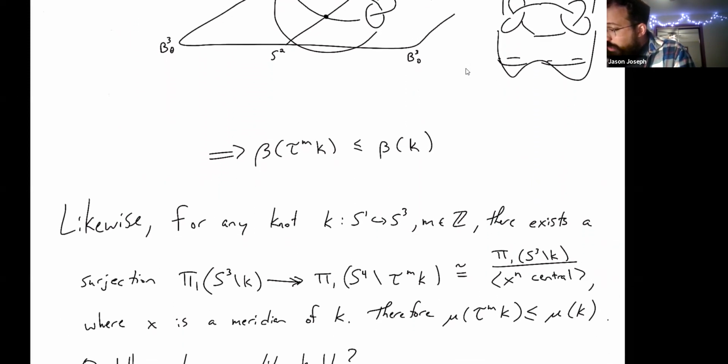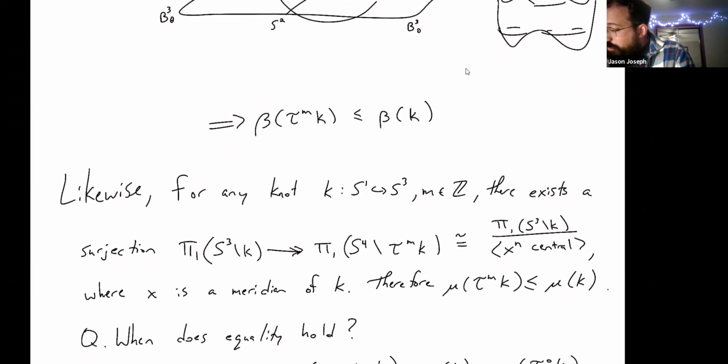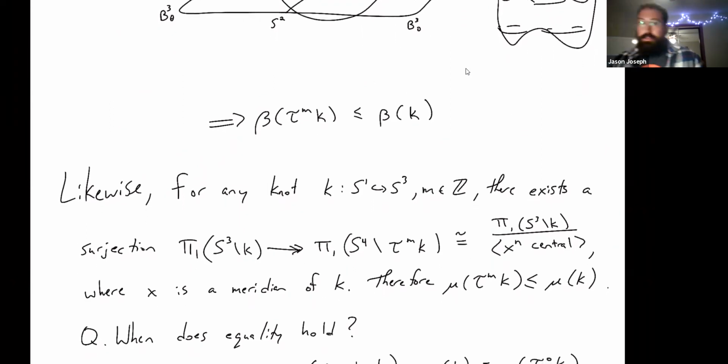And on the algebraic side, for any twist spun knot, there's a surjection from the classical knot group to the group of the twist spun knot. And it's given by forcing the meridian to the mth power to be central, so to commute with everything else.